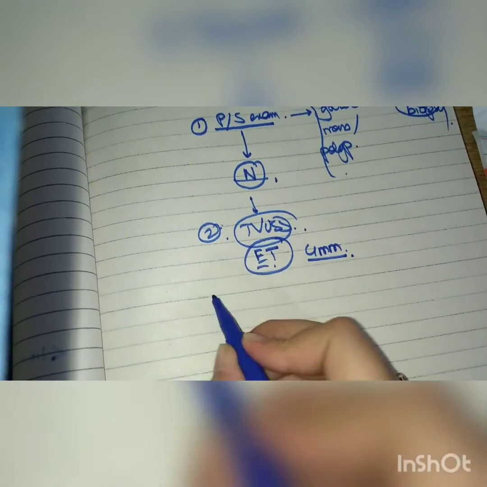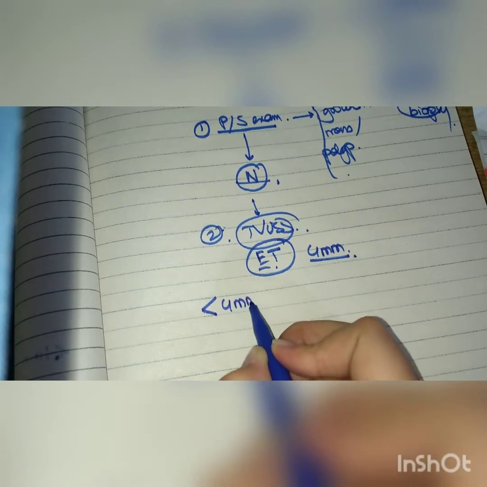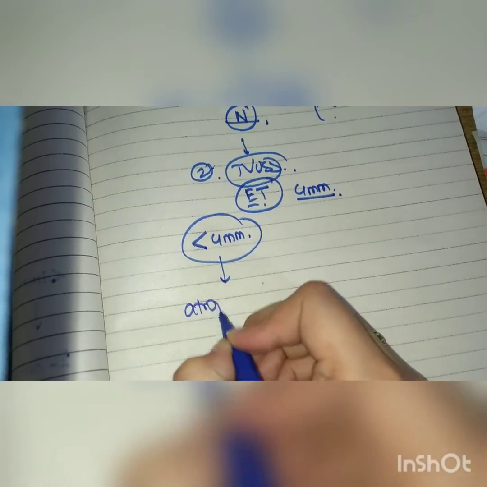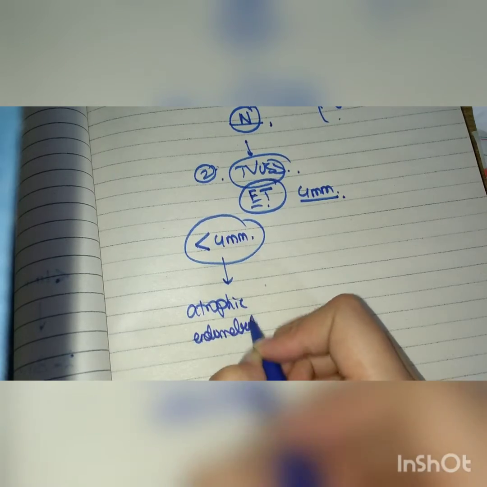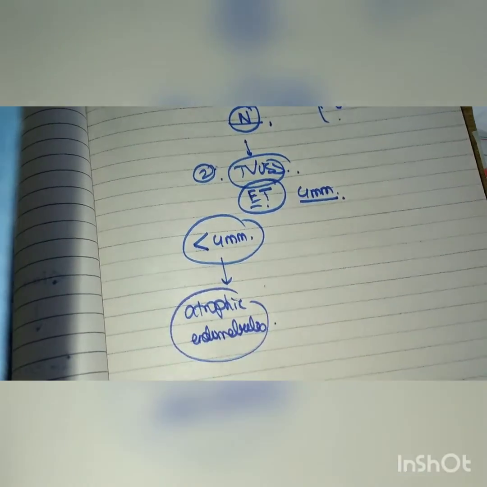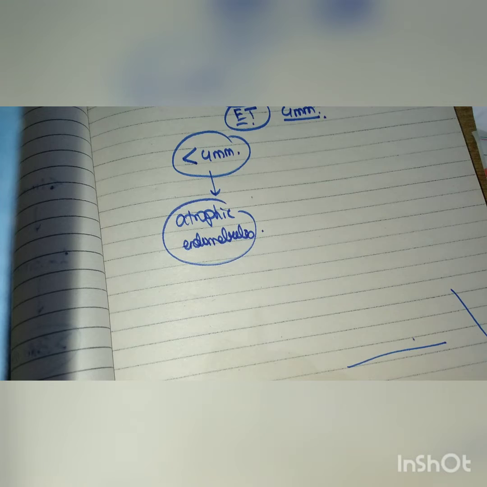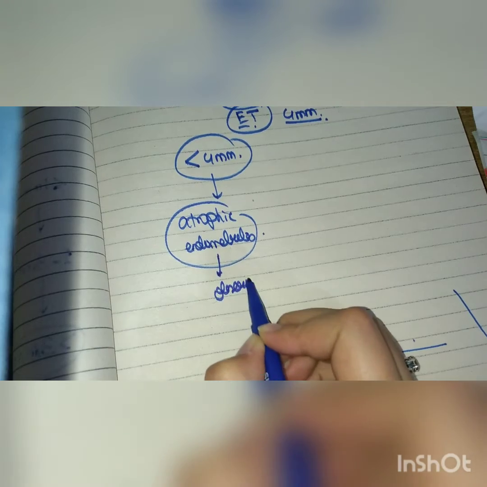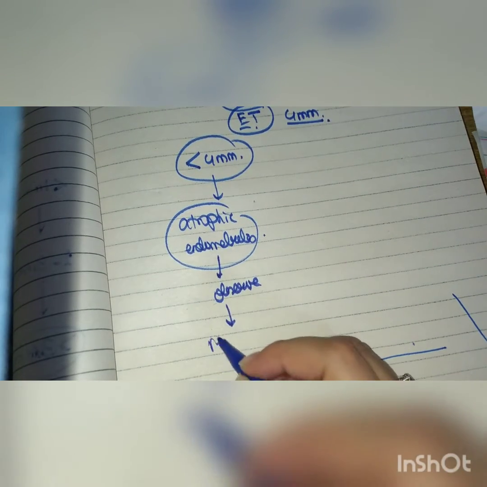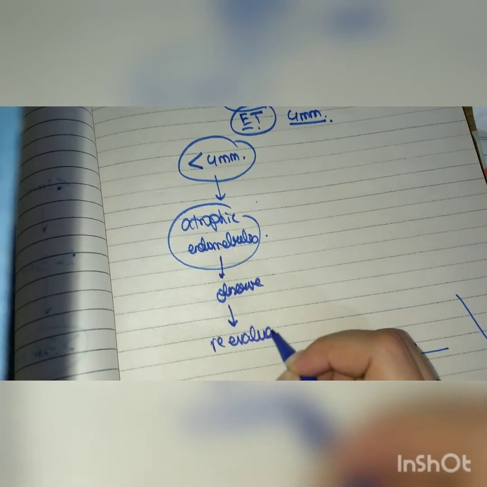If this thickness is less than 4 millimeter, then the cause is atrophic endometritis. This is not a red flag and it's not as dangerous as a carcinoma, so we are simply going to observe the patient, follow up and re-evaluate.